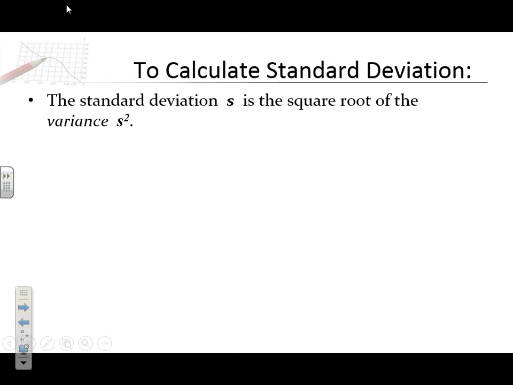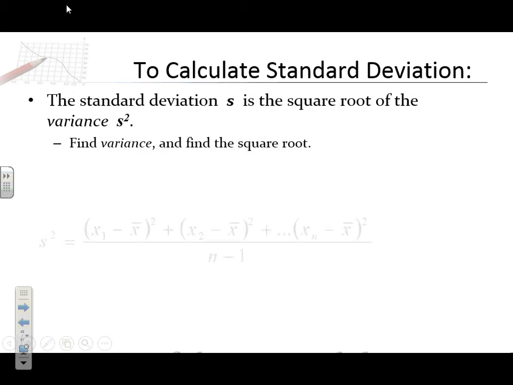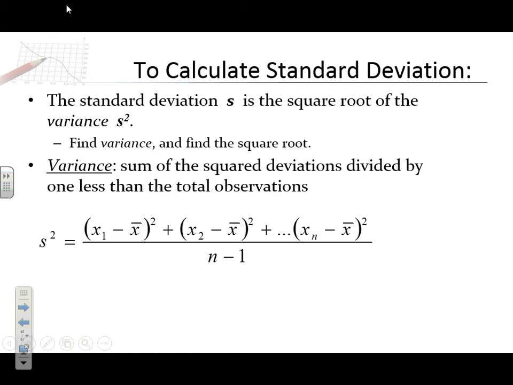So it's the standard deviation squared. So if we want to calculate our standard deviation, we need to find the variance and find the square root. Now, to calculate by hand, this is the formula to find variance, which means if we want to find standard deviation, we need to take all of this and take the square root of it.